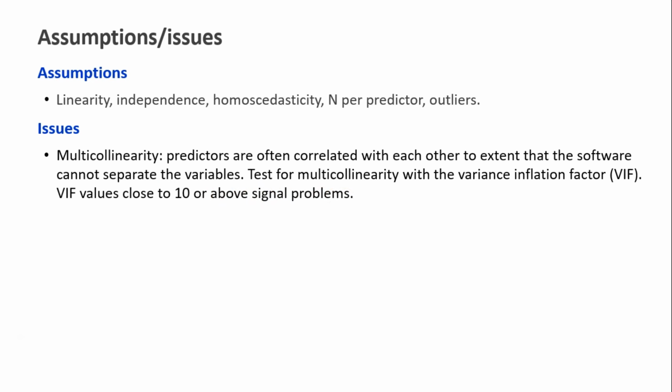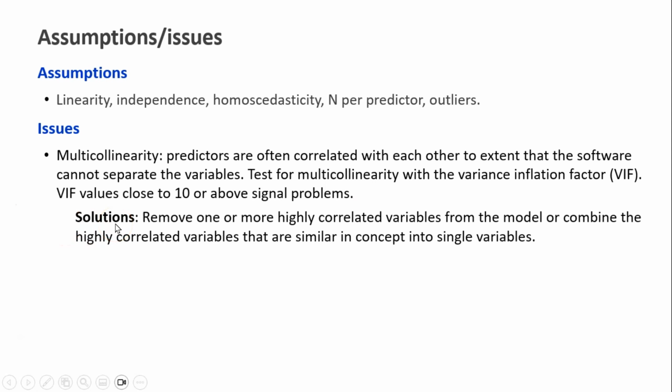For each variable in your regression model, you can get a VIF value. So any variable that has a VIF close to 10 or above means that variable is correlated very highly with at least one other variable in your model, and you would need to look at that to see if you could remedy the situation.